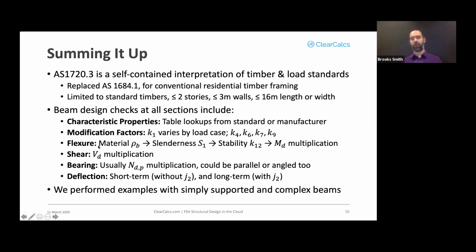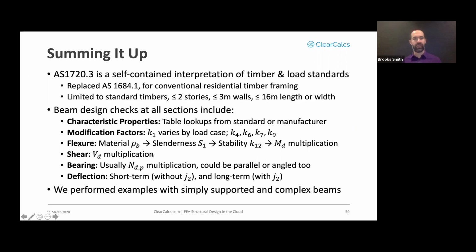Then for flexure, for bending, you calculate your material constant, rho sub B, your slenderness, which relates to your lateral restraints, S sub 1 or S sub 2. That gives you your stability factor of K12. And then finally, you get to your overall M sub D capacity.